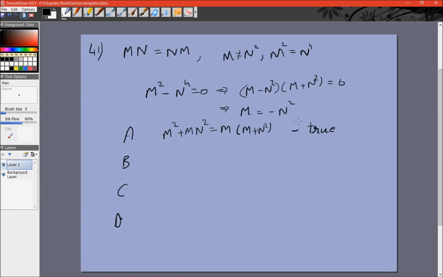Option B says there is a 3x3 non-zero matrix U such that (M squared plus MN squared) U is the zero matrix. Yes, there is a non-zero matrix like this because the term we have is again M into (M plus N squared) into U. And are there non-zero matrices for which this would be 0? Of course there are, because the determinant of this is 0, which means there is no inverse.